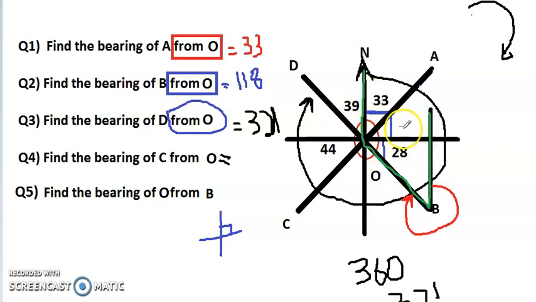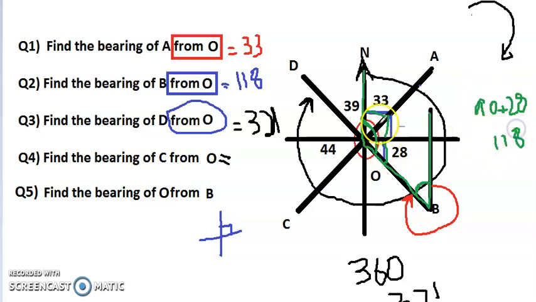Now what we do know is that this angle plus this angle will give you 180 degrees. We know that this angle is 90 plus 28 because this is 90 and this is 28. So 90 plus 28, as you know, will give us 118.